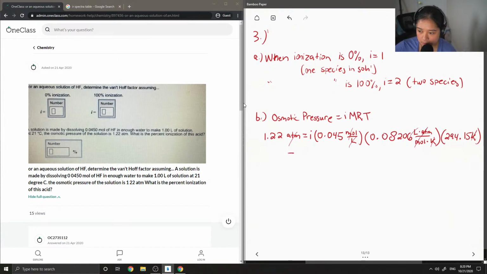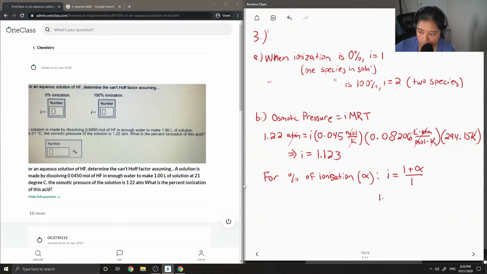And then if you solve for I, you end up getting 1.123. So for percent of ionization, I'm going to use this alpha symbol. It is the following equation where I is equal to 1 plus alpha over 1.